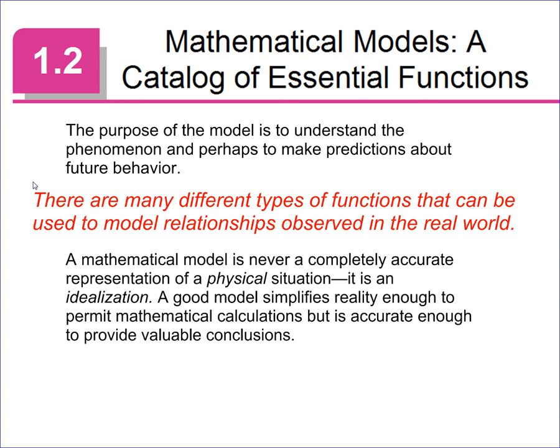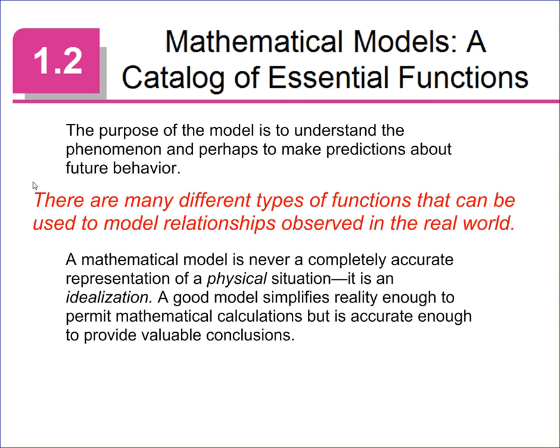We're going to do this because these functions can model relationships that are observed in the real world, and mathematical models never can do this completely accurately, but we want to have a model that's good enough so that we can use it to perhaps predict the future or arrive at some conclusion about the relationship between two or more variables.